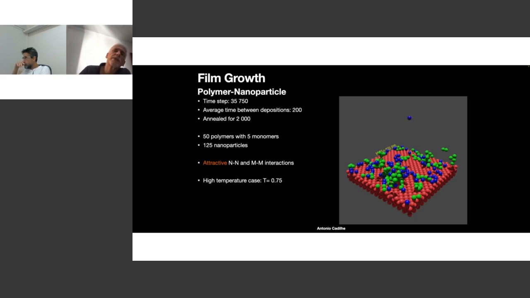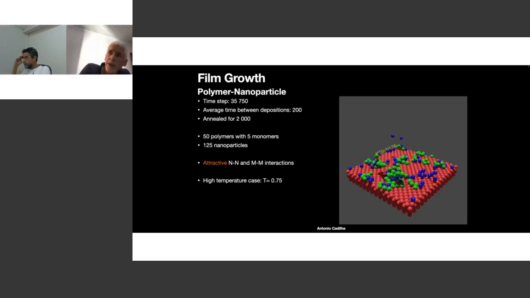So basically there is an entropic contribution due to the presence of these particles. I'm just going to start the movie. Initially, they have a very large mobility, and some of them start leaving the substrate after some time.